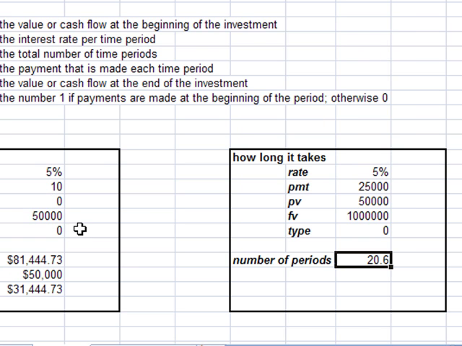We have another financial function, which is nper, which helps us determine how long it will take to pay off a loan with constant monthly payments.